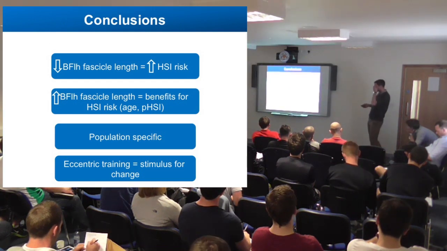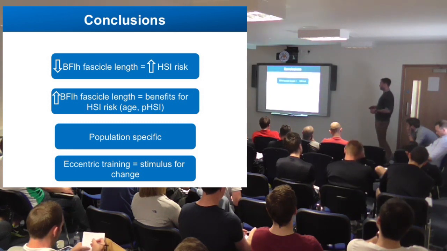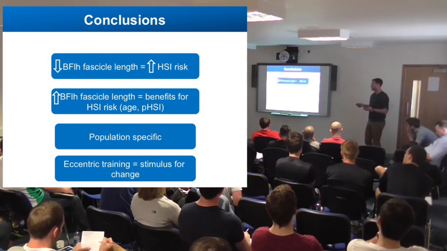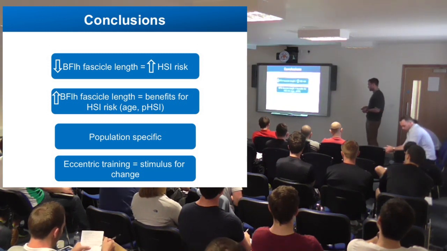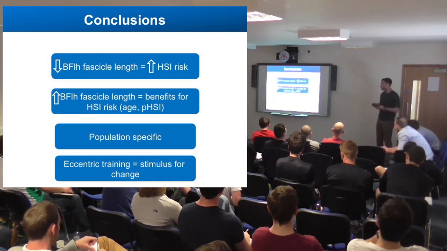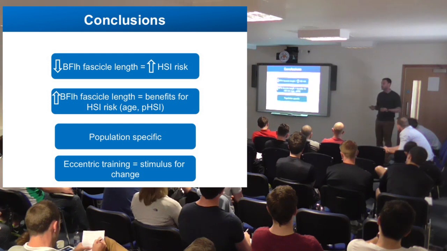So for my conclusions, after this slide I'll pass back to Dave to wrap it up. Reductions in muscle fascicle length, or short muscle fascicle length, are associated with an increase in injury risk. Increased muscle fascicle length confers some benefit for those that have a history of injury or are old. But again, it's population-specific.